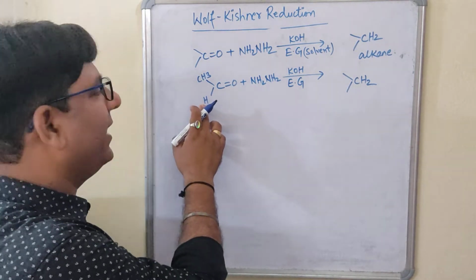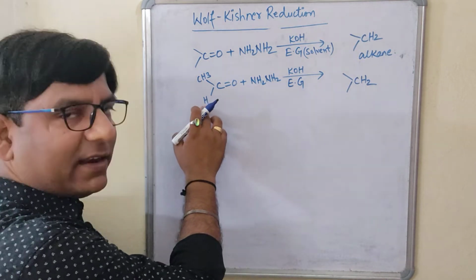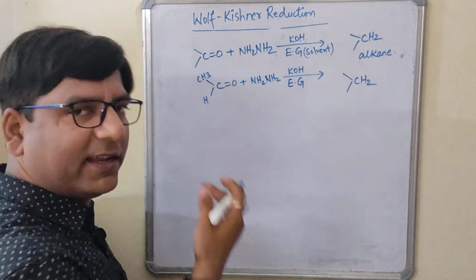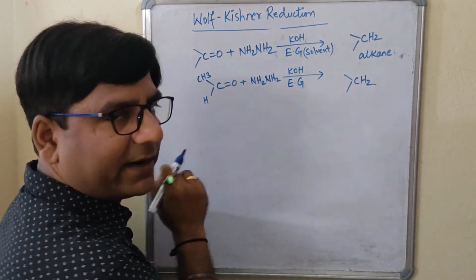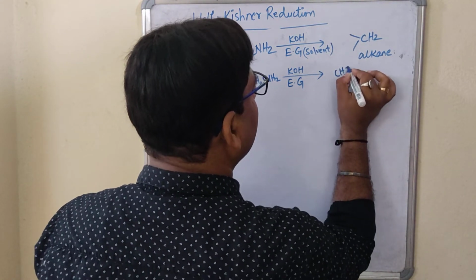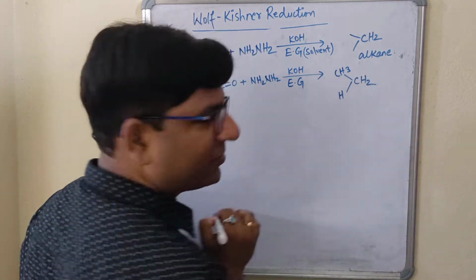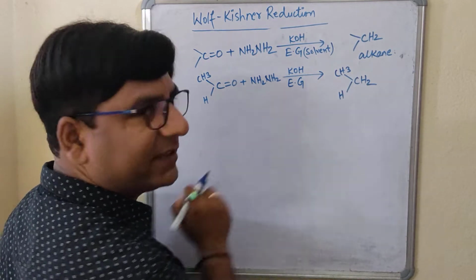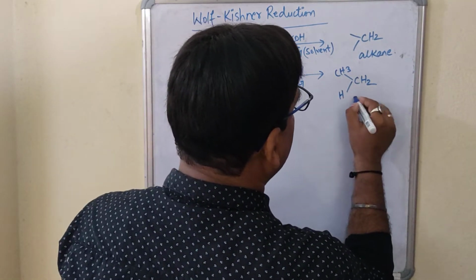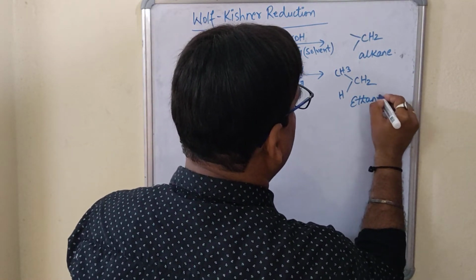If you are replacing it with another alkyl group, whether it is CH3 or any other alkyl group, it will be a ketone. Then accordingly we have to place it this side and this side. So here I am placing CH3 and here I am placing hydrogen. Now I can write the name of this alkane. This is CH3 and this is CH3. Means this is what? Ethane.